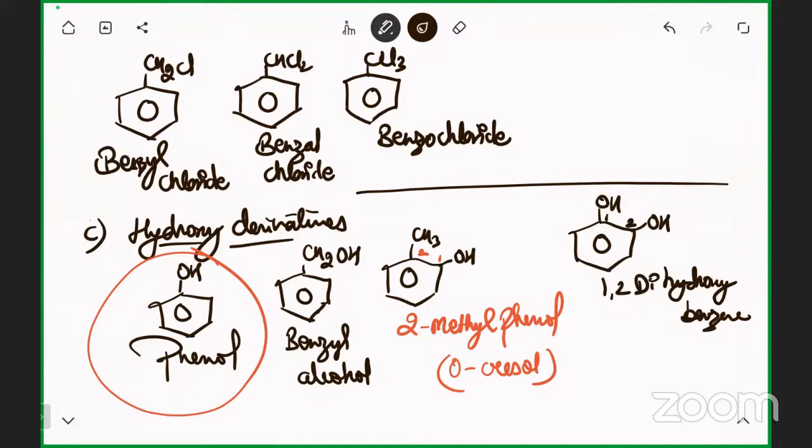I told you when the same functional group is present, you will not give priority to any one. Clear now? When it is a prefix, it is hydroxy; when a suffix, it is ol. Remember that. And the common name is catechol.